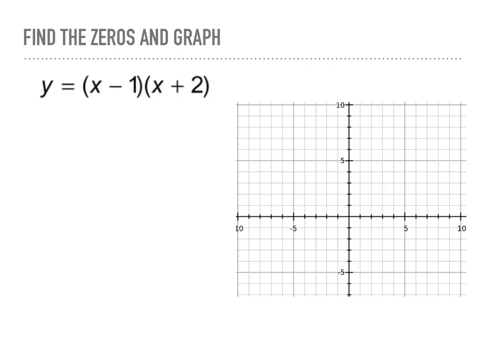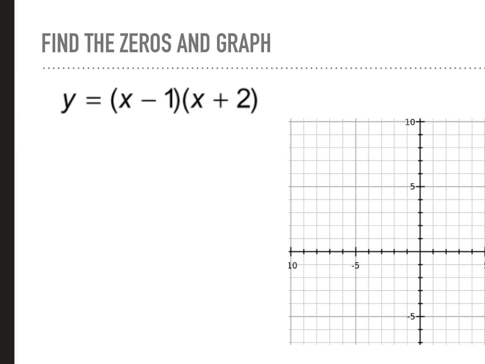So we're going to incorporate what we just did into graphing. So we want to find the zeros. So the zero is where it crosses the x-axis. So first thing we do is find the zeros. So I have x minus 1 is equal to 0, x plus 2 is equal to 0. So what are my zeros? x is equal to what? 1 and negative 2.